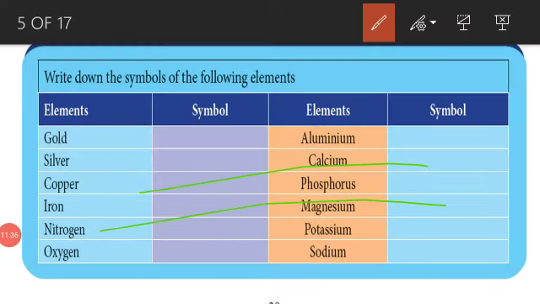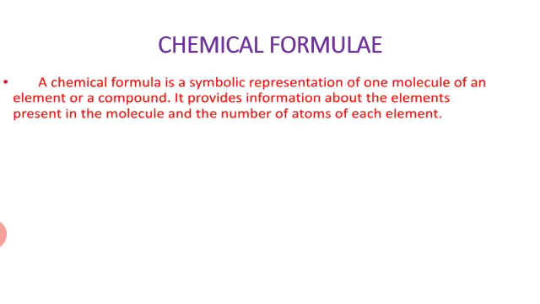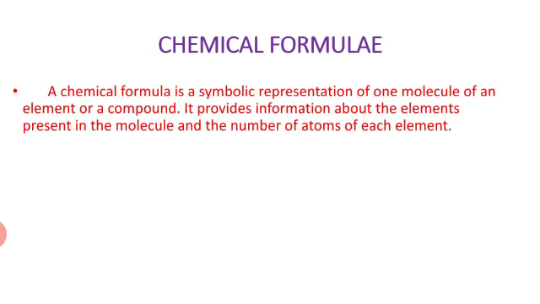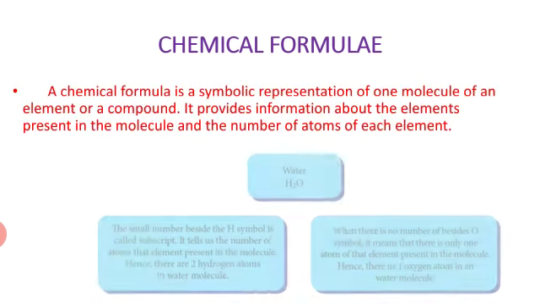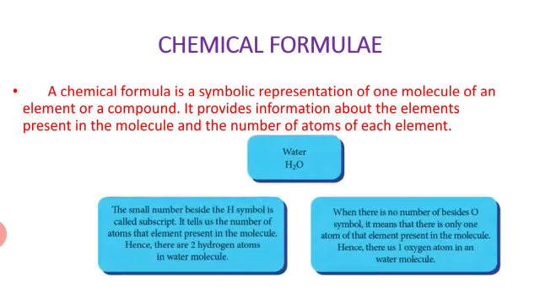Next, the chemical formula. Often we hear that water is H2O. This is the chemical formula for the water molecule. This means that each molecule of water has 2 hydrogen atoms combined with 1 oxygen atom.